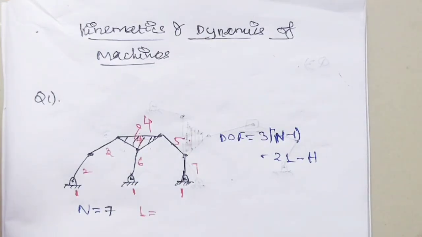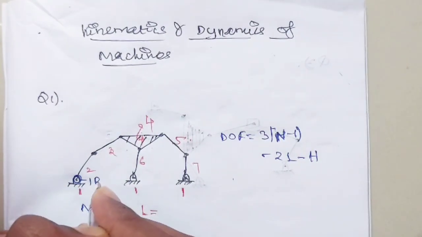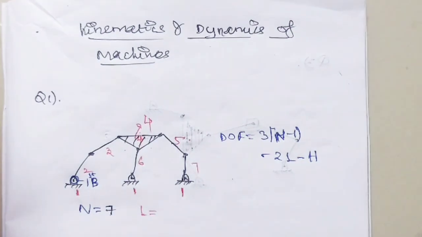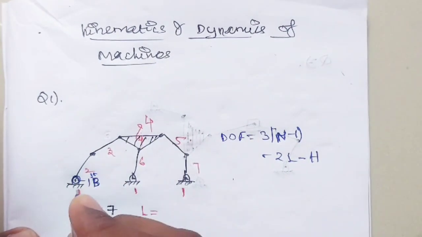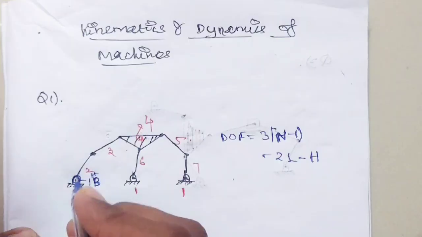Here we can easily find them with the help of the diagram. This is one binary joint. First binary joint, I simply write as B. I have considered this a binary joint because here it is fixed and there is a fixed joint over here. From here to here there is a joint, so we consider this a binary joint.